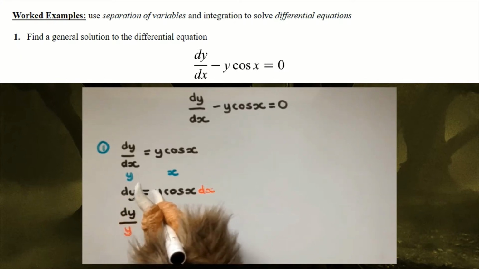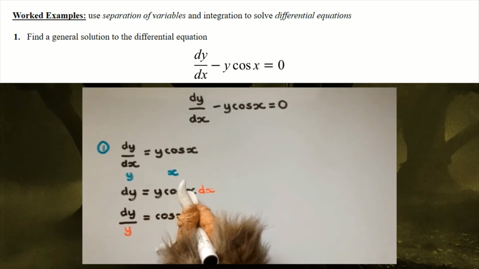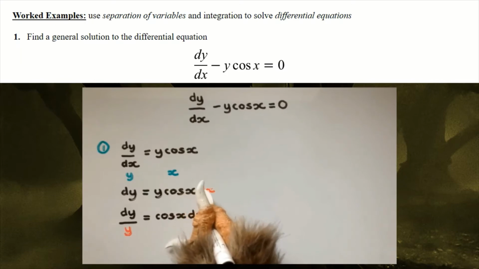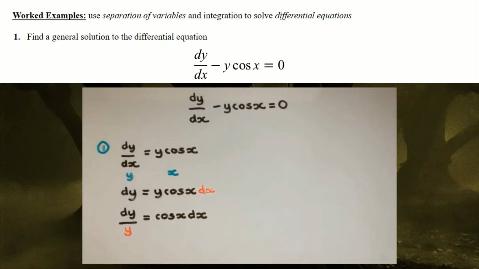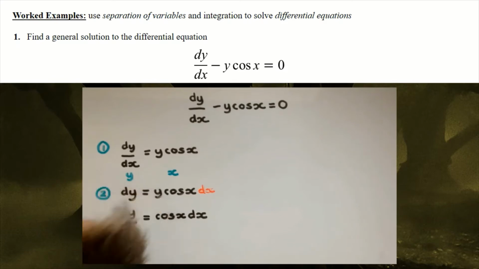And that's going to equal cos x dx. Great. Let's do another check. So we have y's on the left and x's on the right. Step 2 is finished. So this was step 2, the separating variables. Put all the y's on the left, all the x's on the right. Now we're ready to integrate.